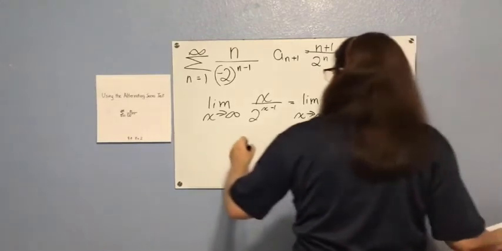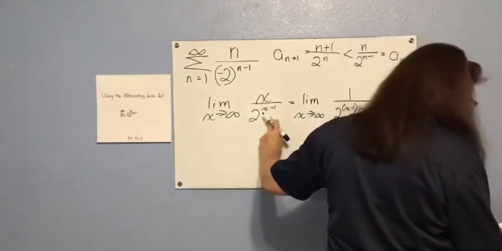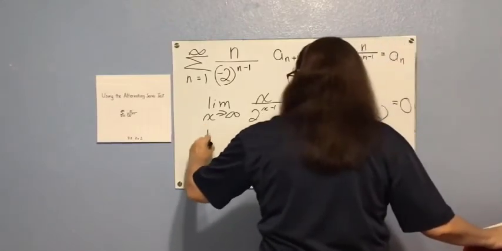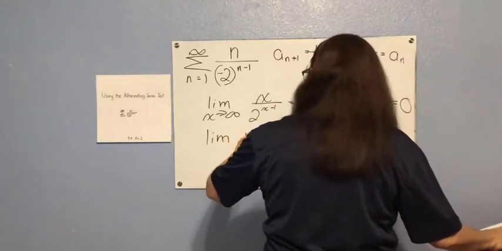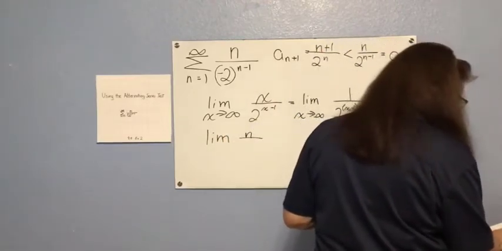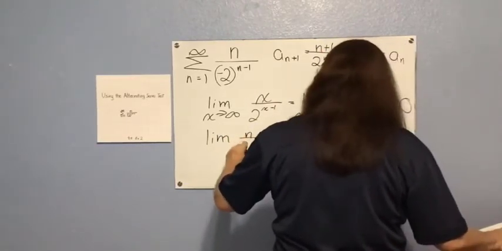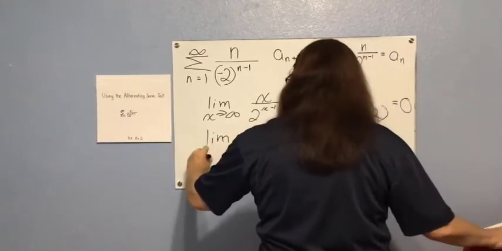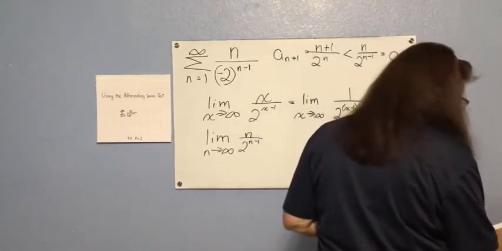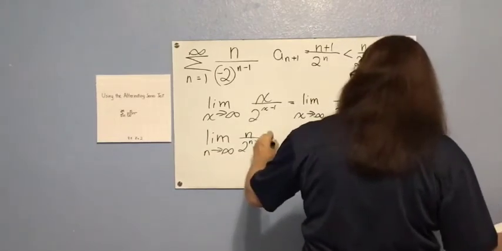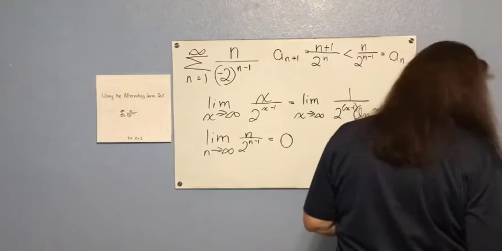Therefore, this limit, the limit of n over 2 to the n minus 1 as n goes to infinity, is 0.